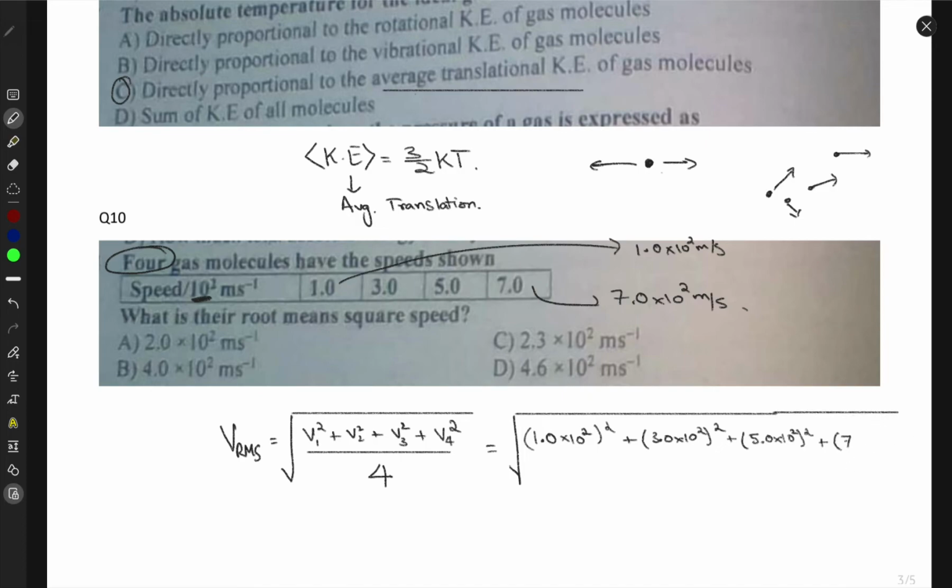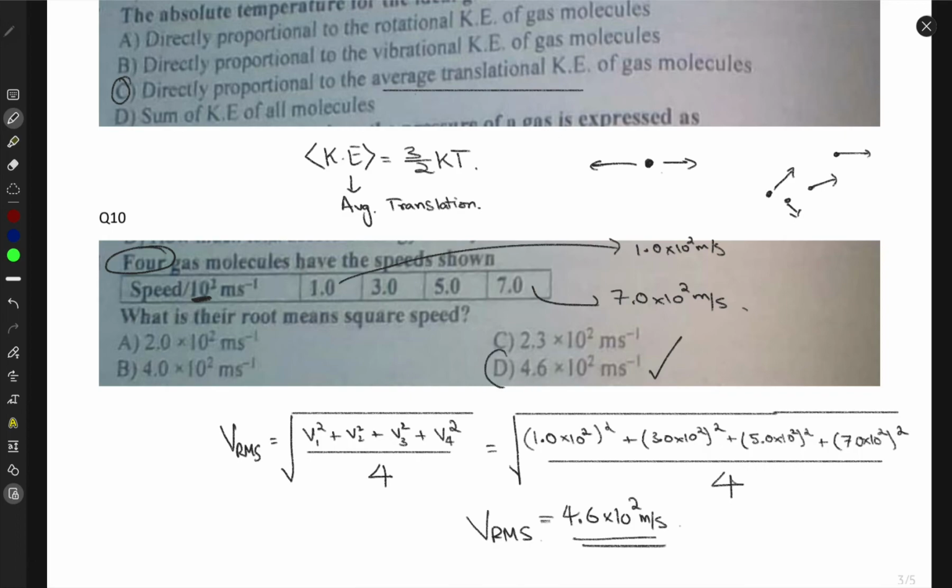So you'll have finally 7.0 into 10 raised to power 2 and squared. All of this is divided by the number of gas molecules, which are 4. And this would give you an answer of 4.6 into 10 raised to power 2 meters per second. And that's the root mean square of the speed, which is option number D, 4.6 into 10 raised to power 2 meters per second. All right.